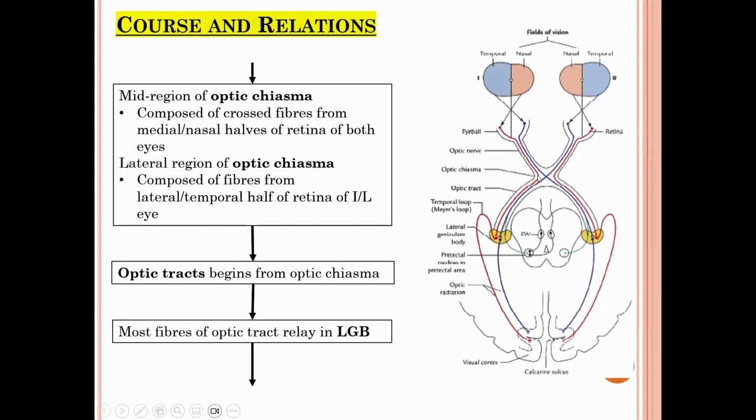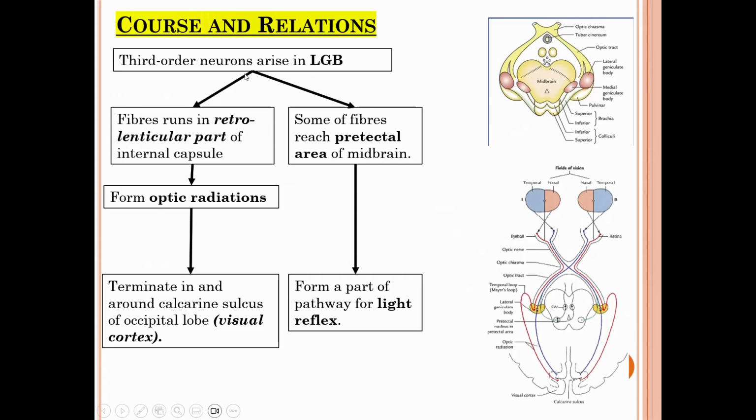Okay, so continuation from optic chiasma is known as optic tract, and most of the fibers relay in the lateral geniculate body. So the third order neuron arises in the lateral geniculate body. The fibers run in retrolenticular part of the internal capsule, and then they form the optic radiation, and they terminate in and around the calcarine sulcus of occipital lobe, which is visual cortex.